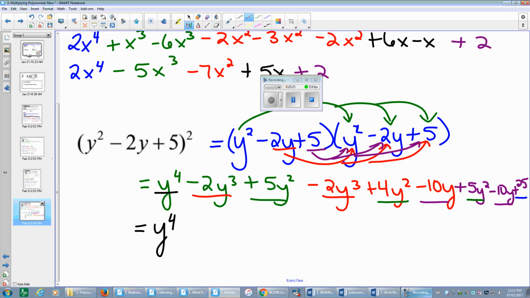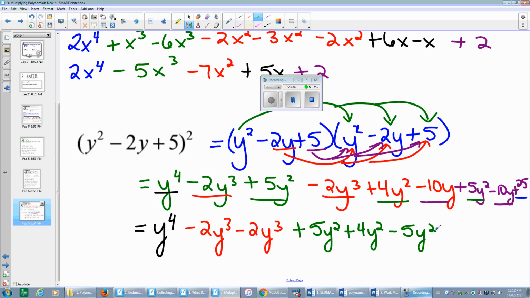And then I should have minus 2y cubed minus 2y cubed plus 5y squared plus 4y squared minus 5y squared minus 10y minus 10y plus 25.